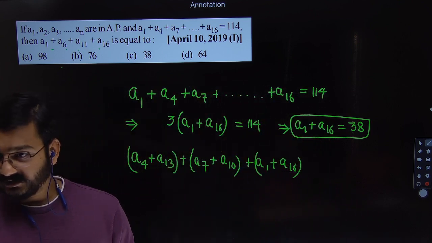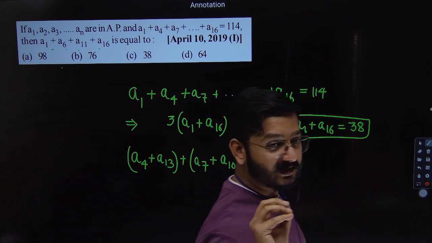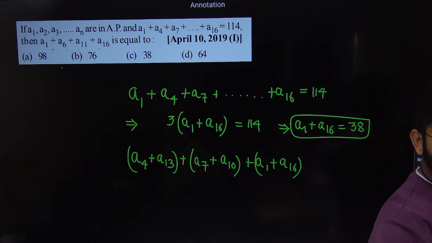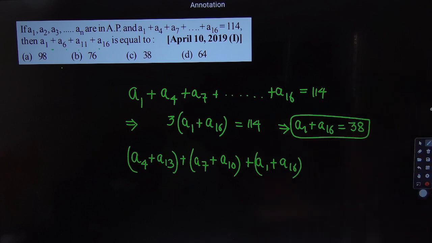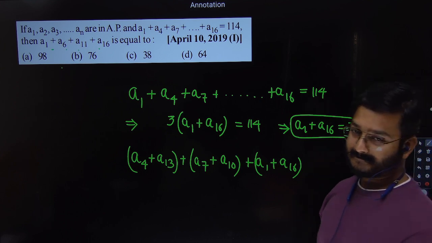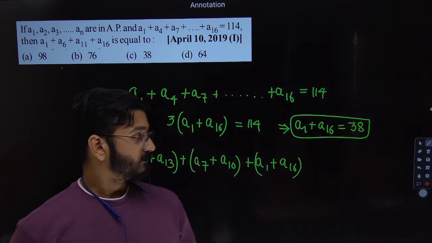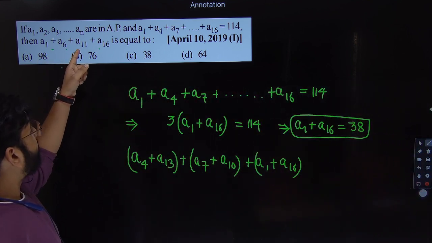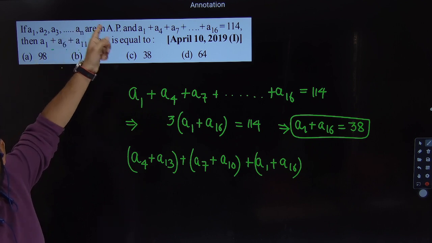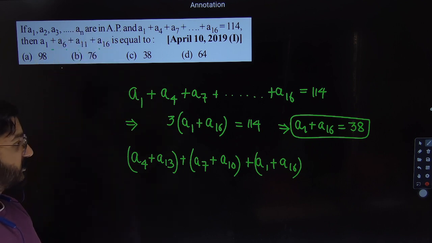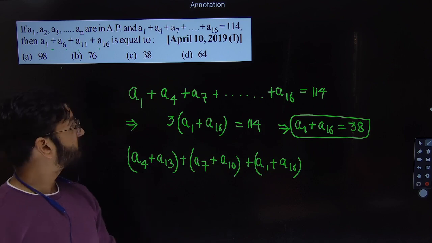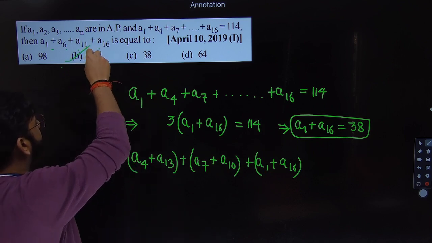Once you know the method, this is a question where writing anything is not required. A6 plus A11 is the same as A1 plus A16. 38 into 2, 76. Option B.